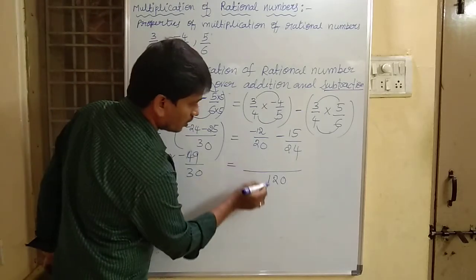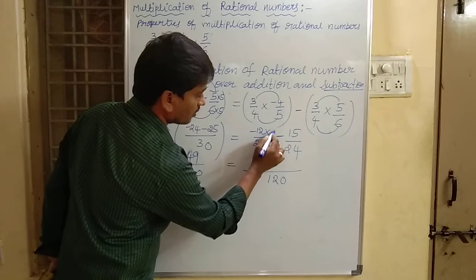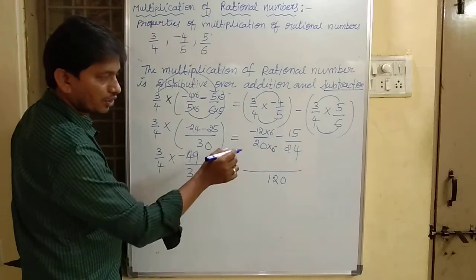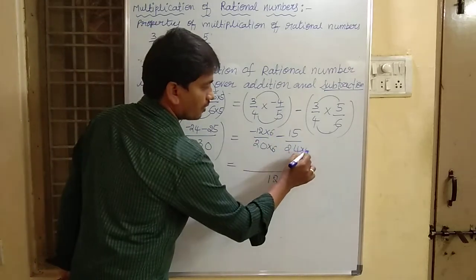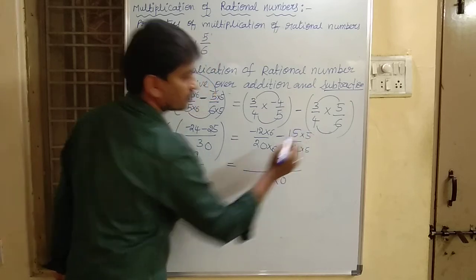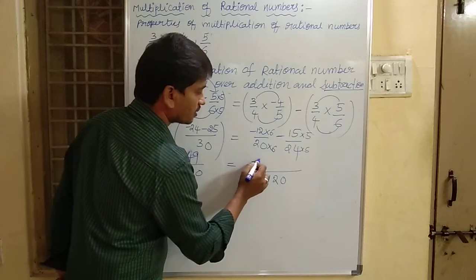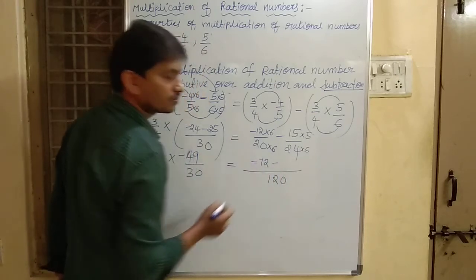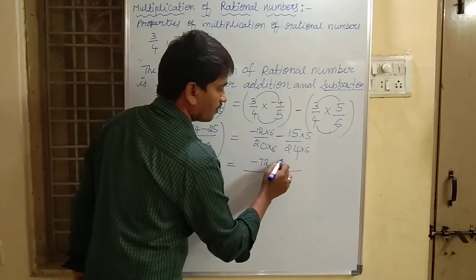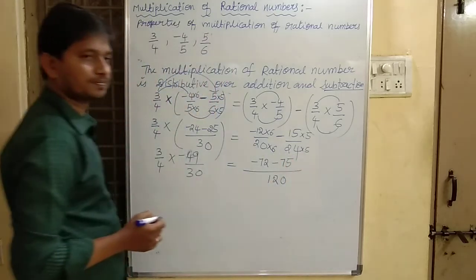Now 20 into 6, 24 into 5. So minus 12 into 6, minus 72, minus 15 into 5, minus 75.